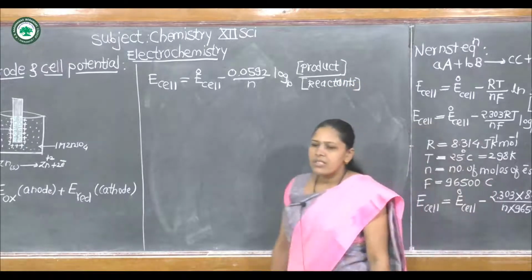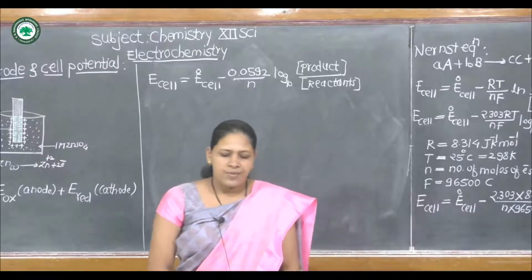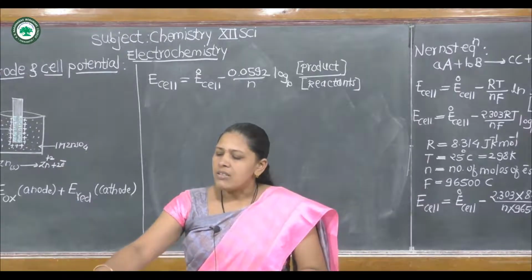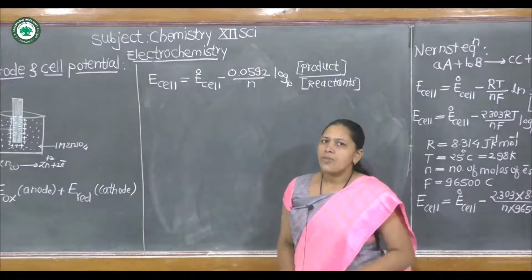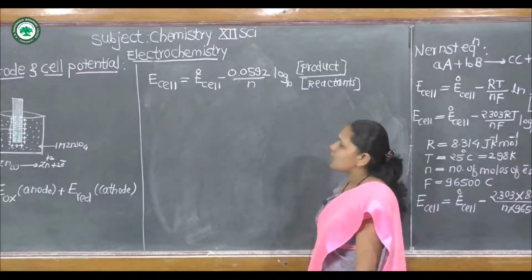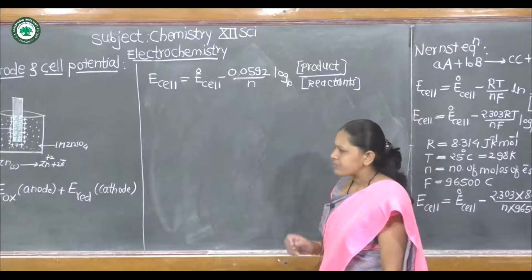This is the Nernst equation. By using the Nernst equation, we can calculate the cell potential of any electrochemical cell.